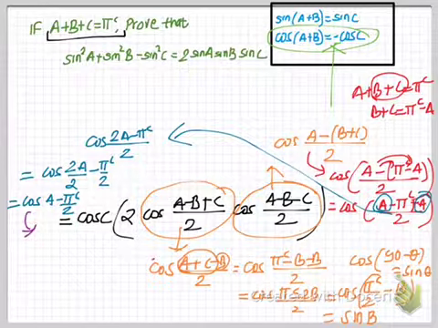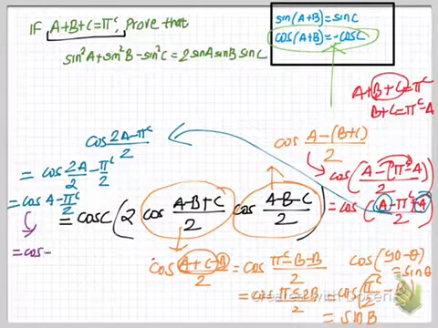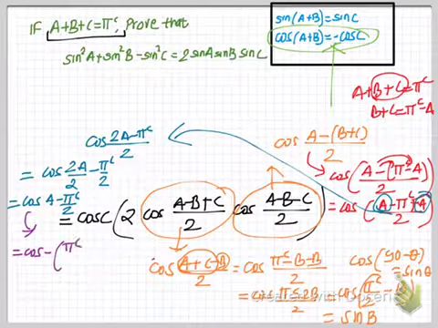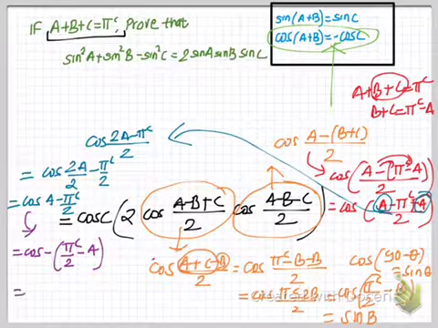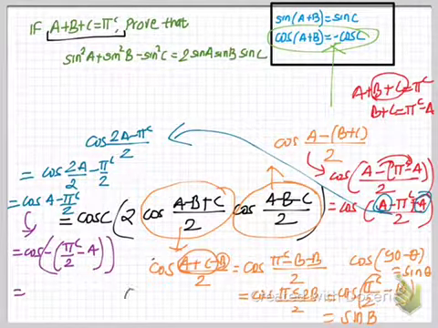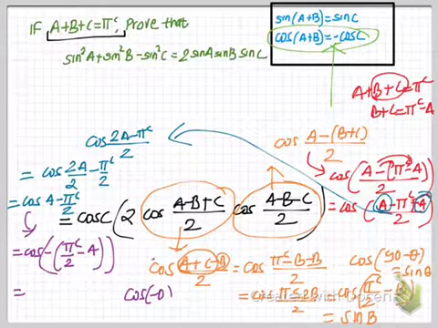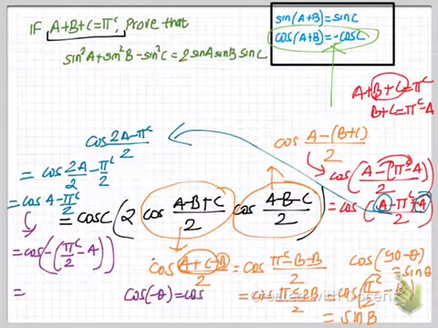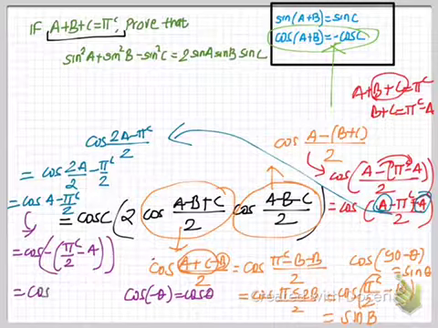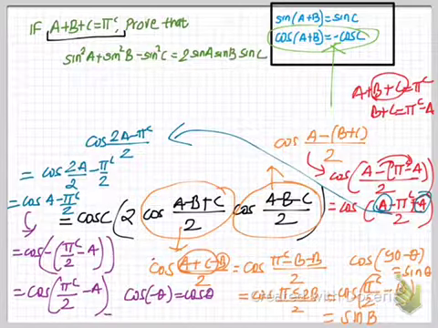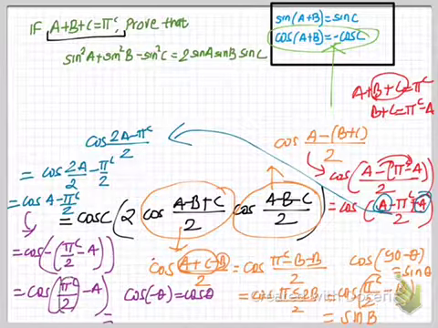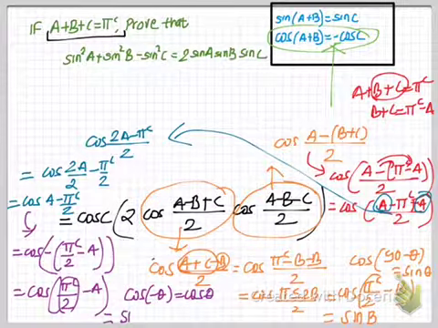Once again, I'm going to take minus common, and then I have pi radian by 2 minus a, and we know that cos of minus theta is equal to cos theta, so I can simply neglect the minus sign, and finally cos 90 minus a is equal to sine a.